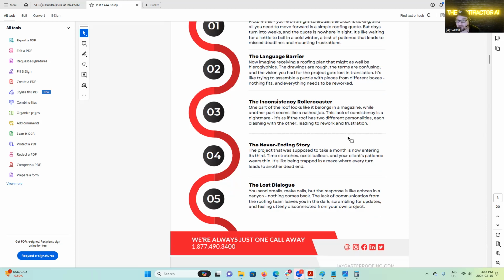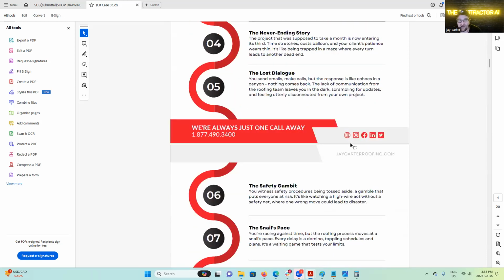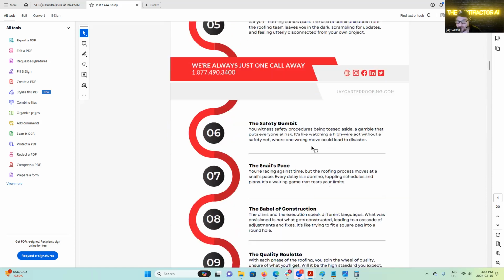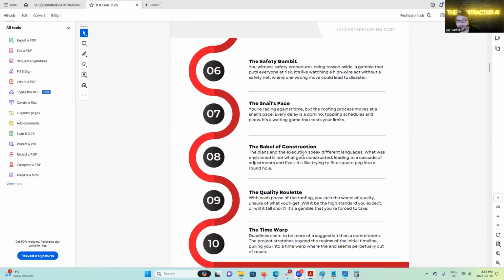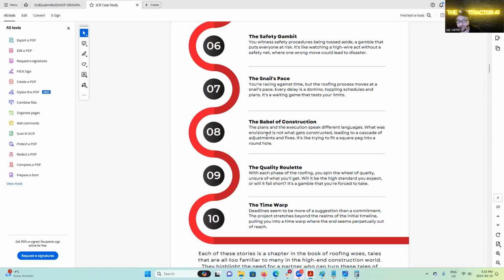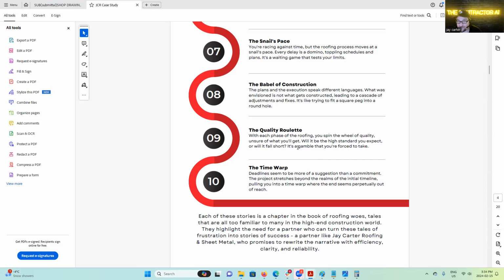They've got lost dialogue, details that were talked about but never implemented, which comes back and bites them. They've got safety issues, and jobs that take forever and make them look bad. They get quotes that are three miles long that they have no idea about. They just want to get the roof done. That's been the experience they've described to me.